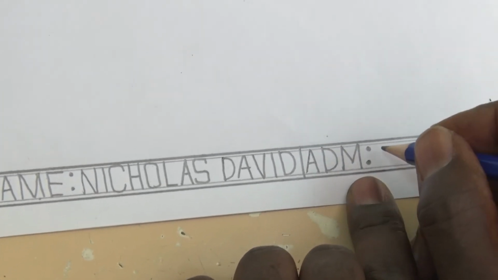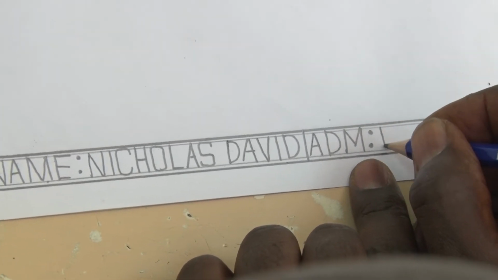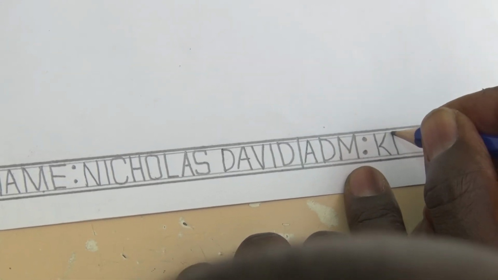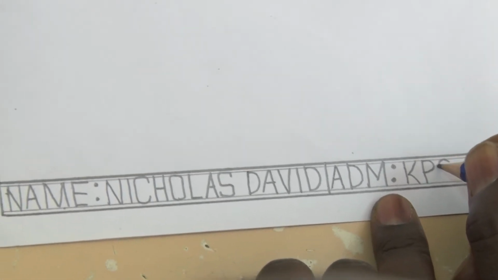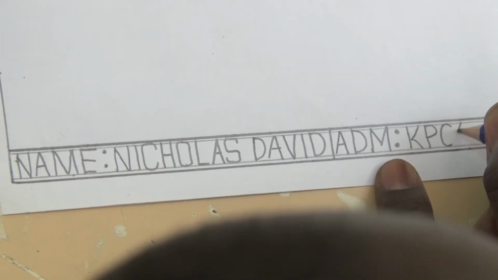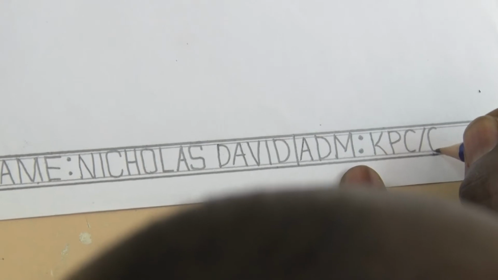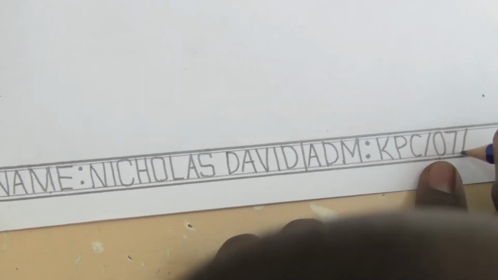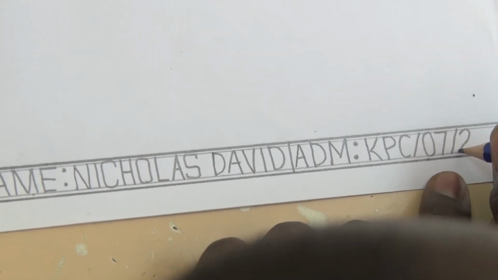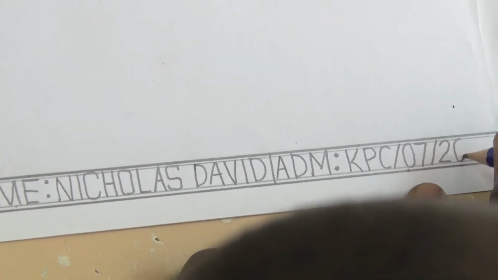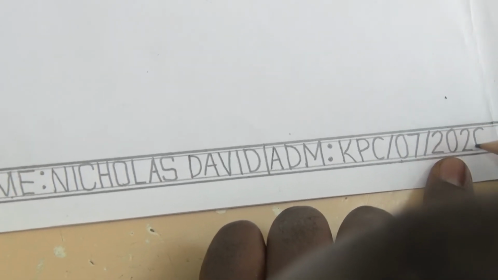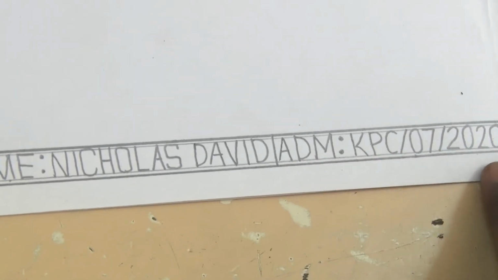Let's say, for example, it is KPC Stock 07 stock 2020. So you can see that this is your admission number.